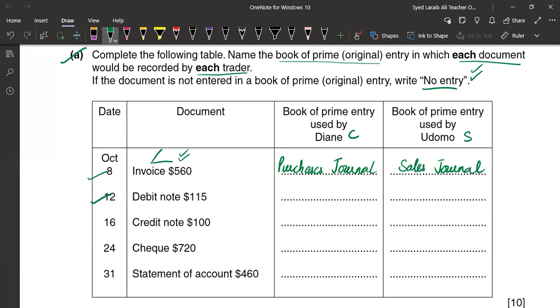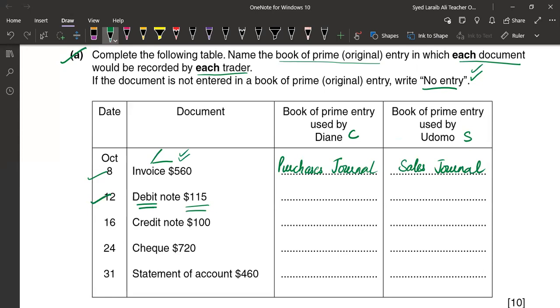On October 12th, debit note of 115. Debit note is a source document which is issued by the customer to his supplier. It is just a request from the customer to accept the faulty goods to his supplier.